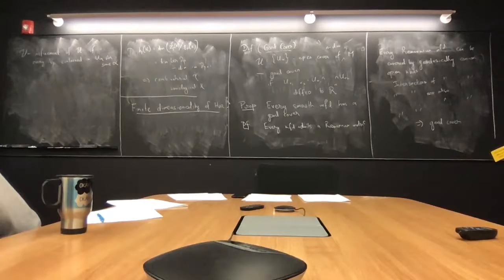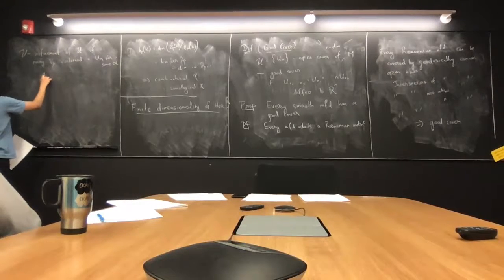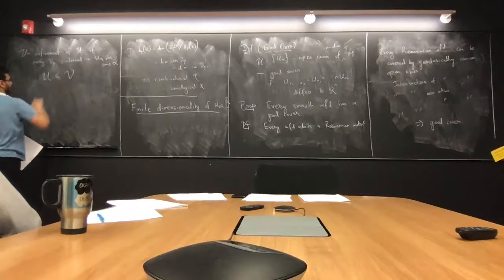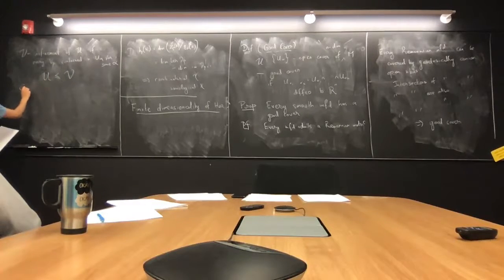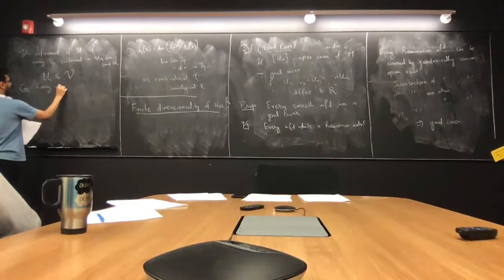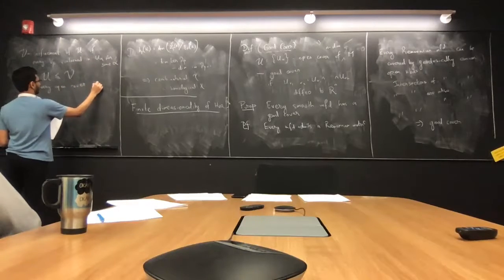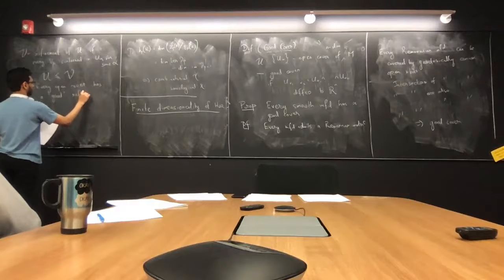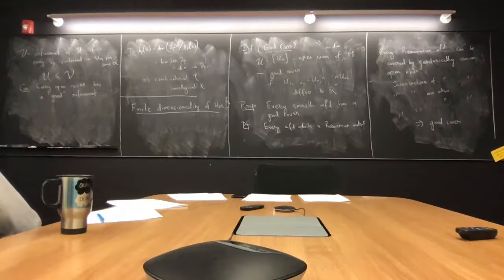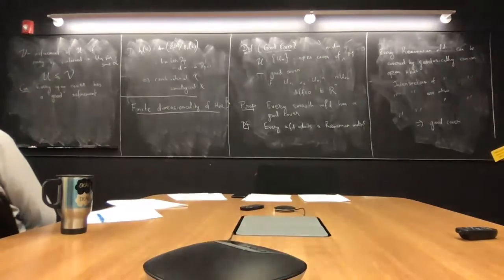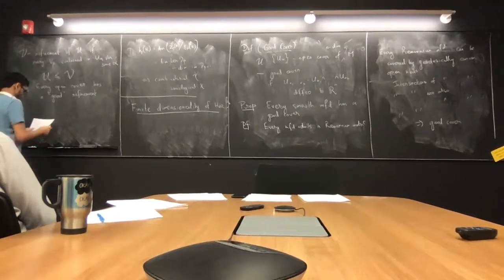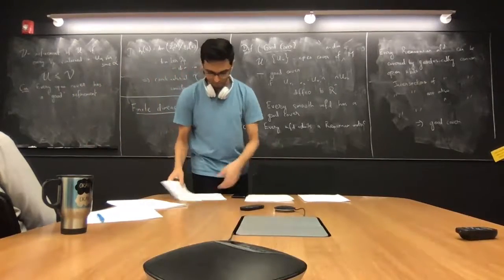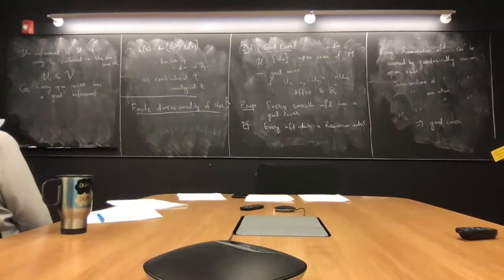This is usually denoted by U less than or equal to V. A corollary of the previous proposition is that every open cover has a good refinement, that is, a refinement that is also a good cover, which we get by taking the cover and intersecting with all sets in the geodesically convex cover. All right. One more definition.